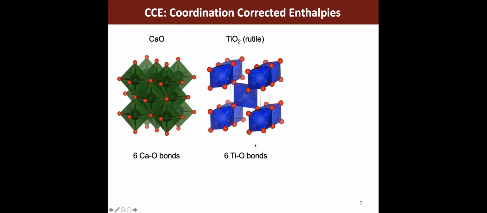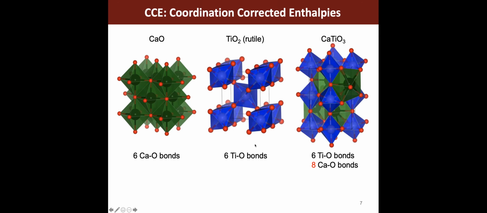However, when you form the according ternary compound, which is perovskite, calcium titanium oxide, kind of the prototypical ternary oxide, you find that you have 6 titanium-oxygen bonds still, but 8 calcium-oxygen bonds. That means your coordination number, the number of bonds, has changed.